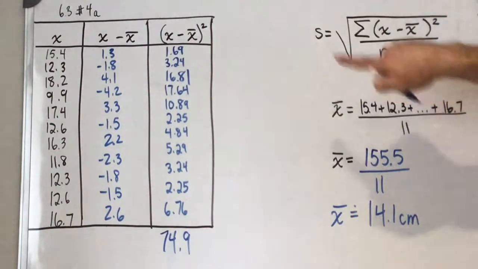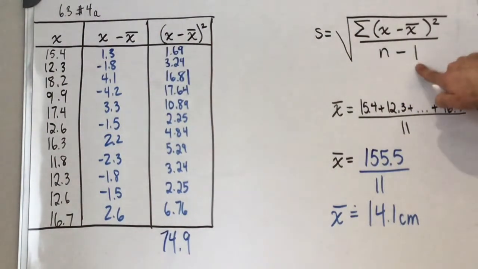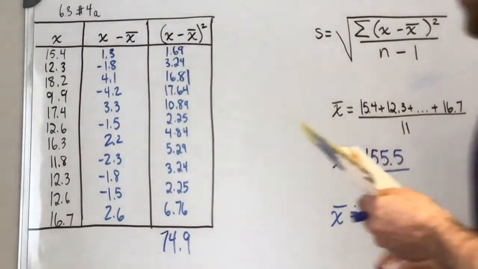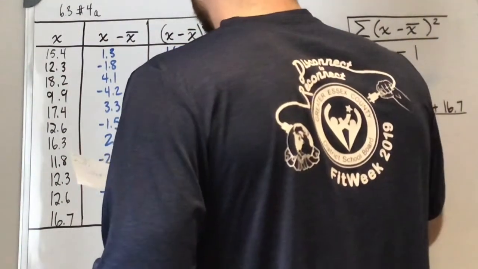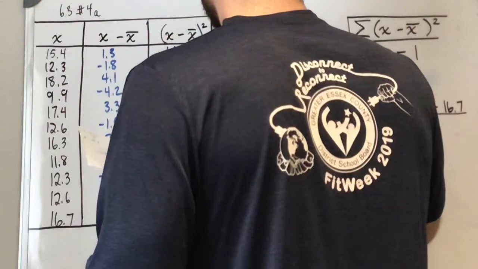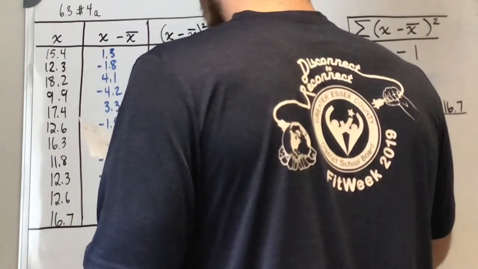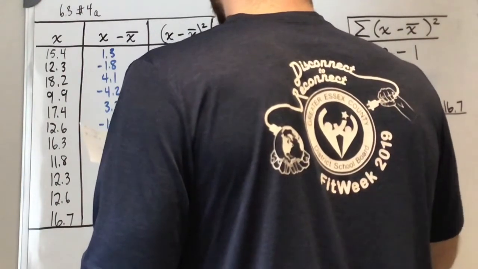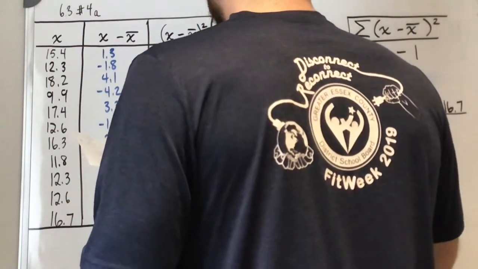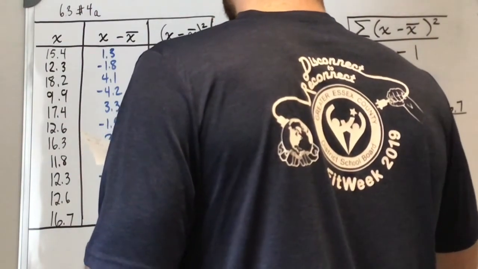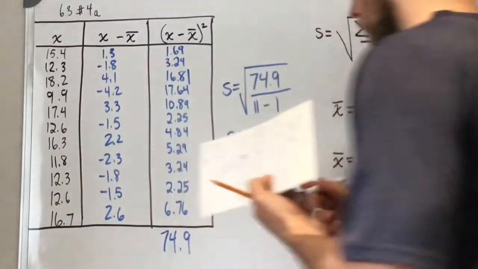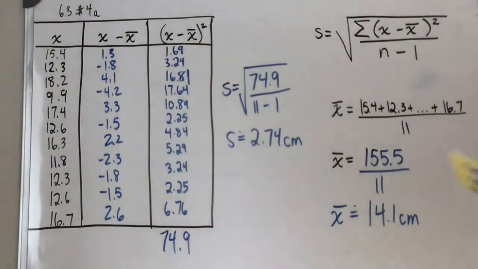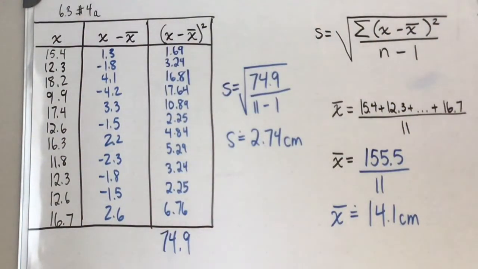In this case, we have 11 measurements. We're going to take one away because this is a sample of the entire fish population. So we will get our standard deviation to be 2.74 centimeters.